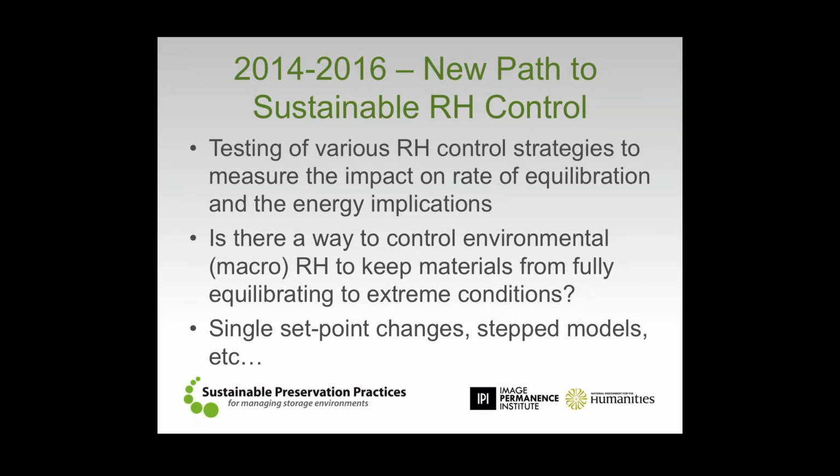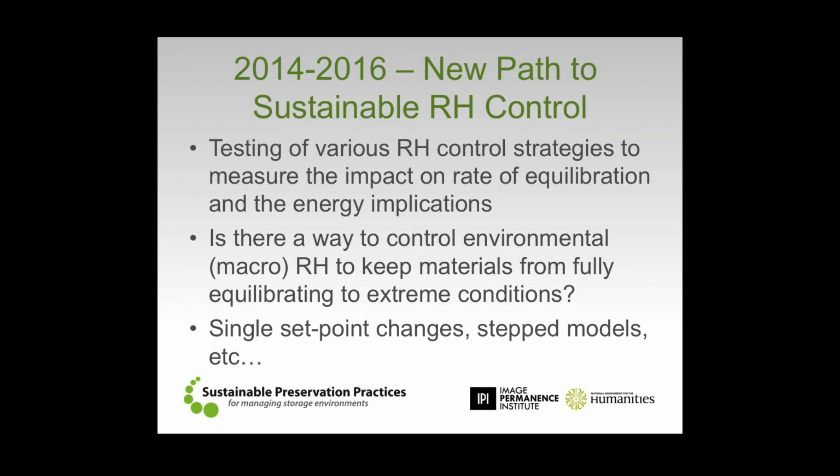So if we can control that macro relative humidity, maybe using a stepped approach, instead of just allowing it to adjust normally from summertime highs to wintertime low RH conditions, can we make sure that it goes from 60% to 50% and allow it to fully plateau and equilibrate to 50% before we allow the ambient environment to drop to 40%, and then allow the material to come into equilibration again?